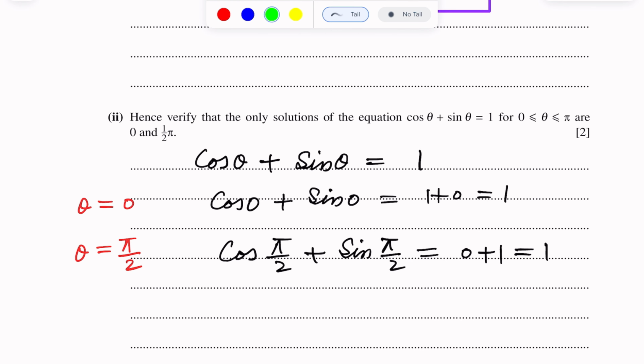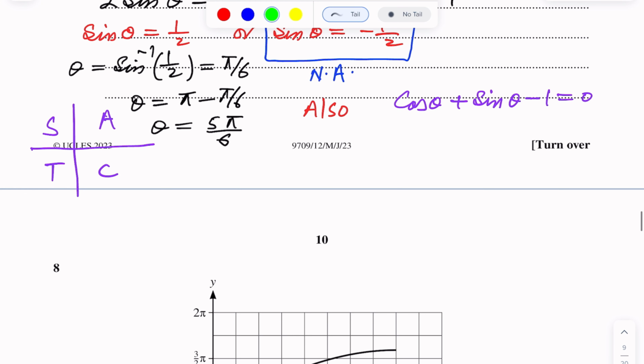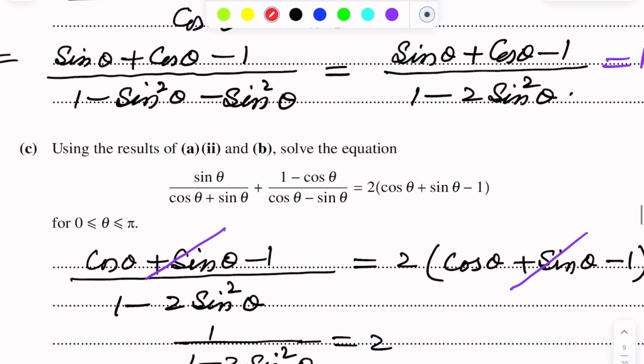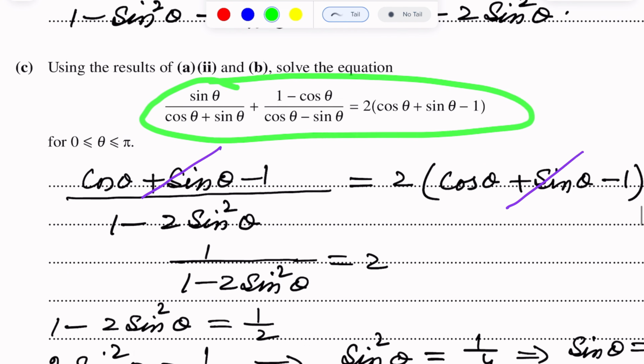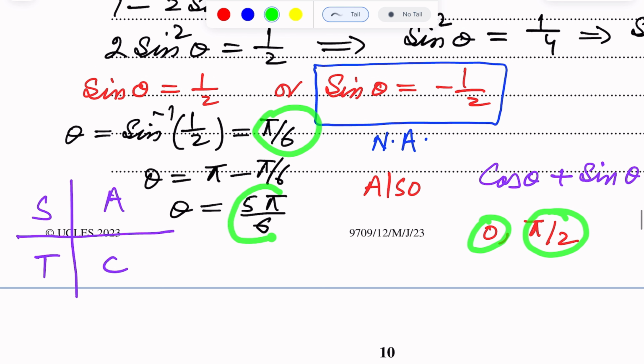It is very clear we have already found these two solutions, 0 and pi by 2. So this is the same equation, so the solutions are 0 and pi by 2. So the total solutions of this equation are 0, pi by 2, pi by 6 and 5 pi by 6.